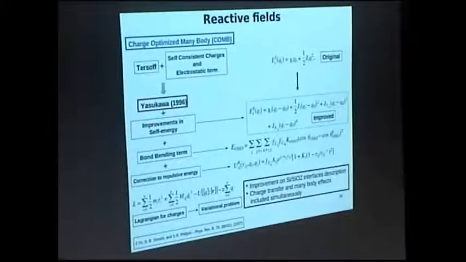Then getting this improved Tersoff that was made by Yasukawa, they improved the charge equilibration, changed this bonding term that is nothing more than a three-body term, and made some corrections to the repulsive energy. This is something that always happens. When you go from one generation to the other, people try to change some functions, and what is the criteria to change these functions?